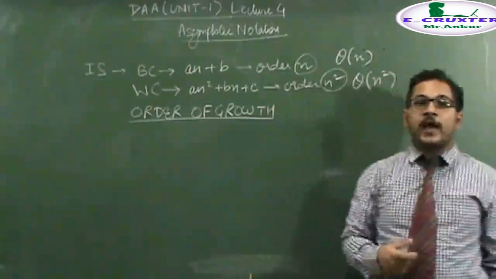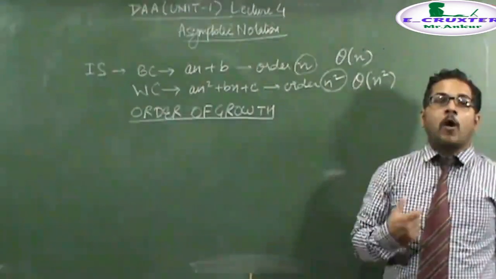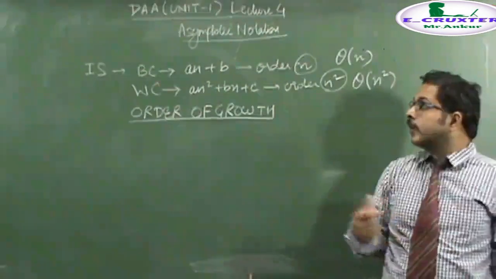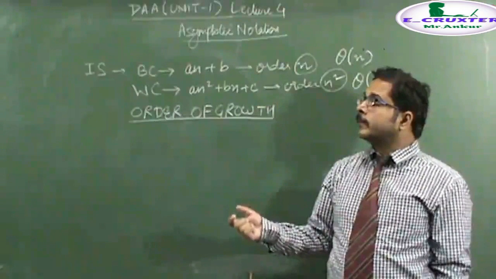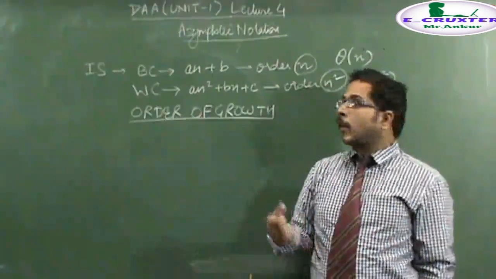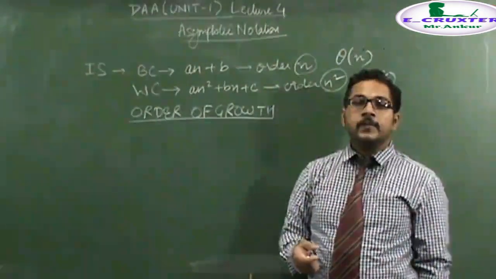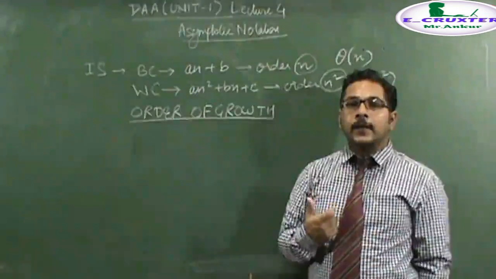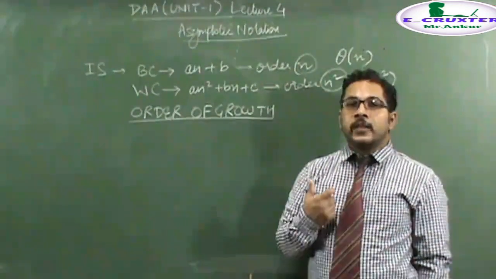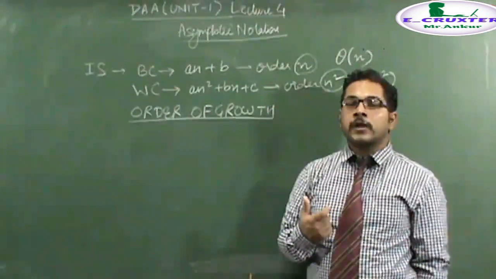First, it gives a simple characterization of the algorithm's efficiency, that is, how efficient an algorithm is. And second, it allows us to compare the relative performance of alternative algorithms.